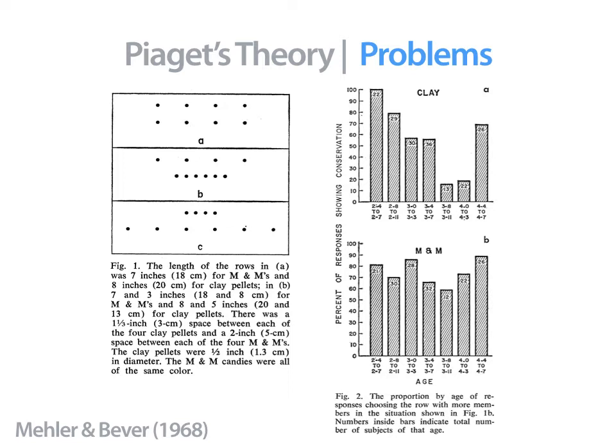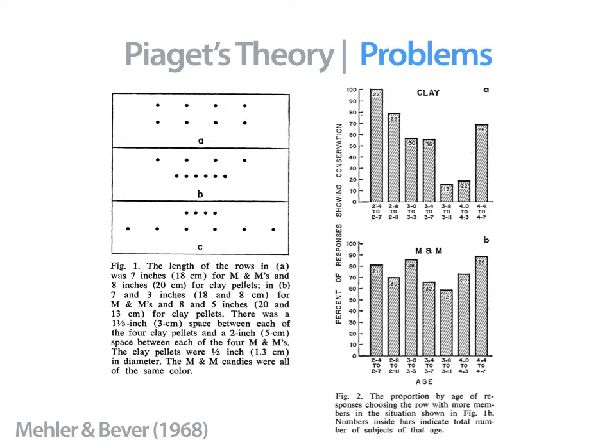The other thing that they found is that on the M&M's version of the task, where kids got to eat the largest number of items, children between the ages of 2 and 4 were equivalently successful and at a high level of success. Well above what you'd expect from chance, being between about 60% and 80% of the time.